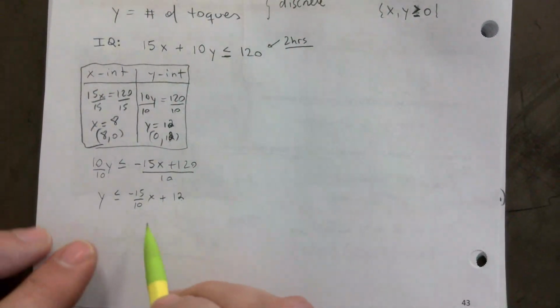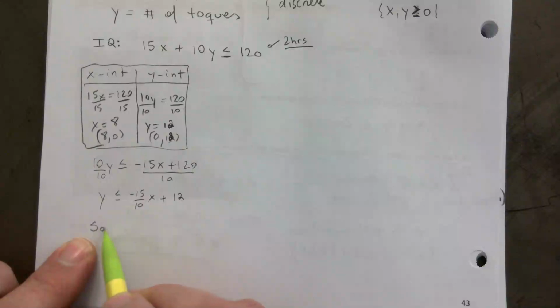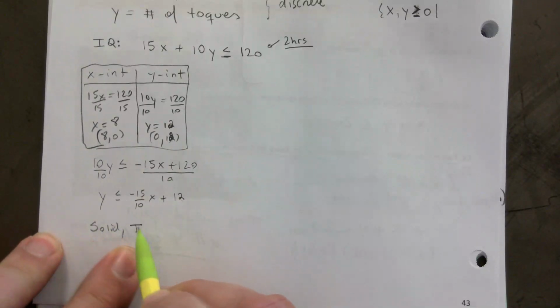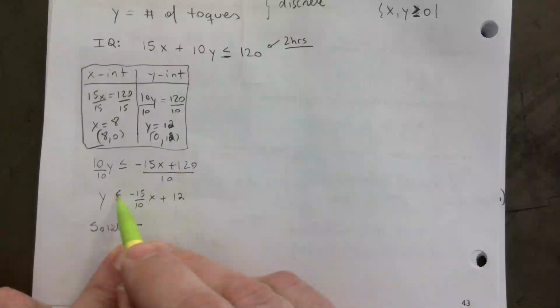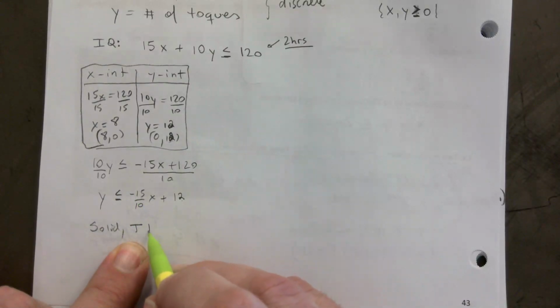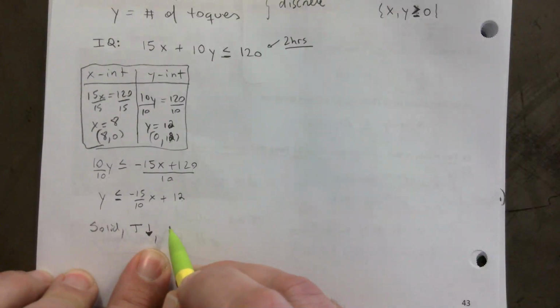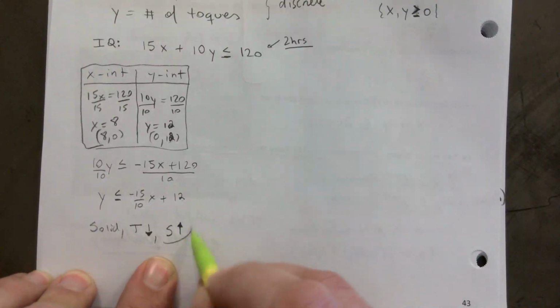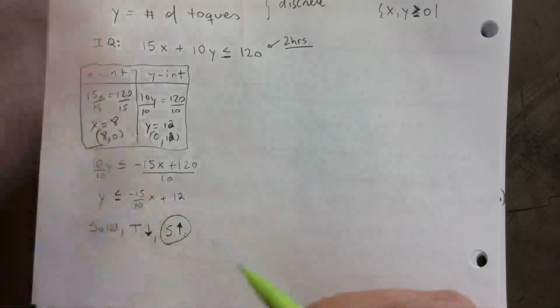Okay, so what do we know? This is going to be a solid line. True region is where? If it's less than, true region is below the line. I'm going to shade where? I'm going to shade above. I'm using reverse shading. I'm going to circle that part.